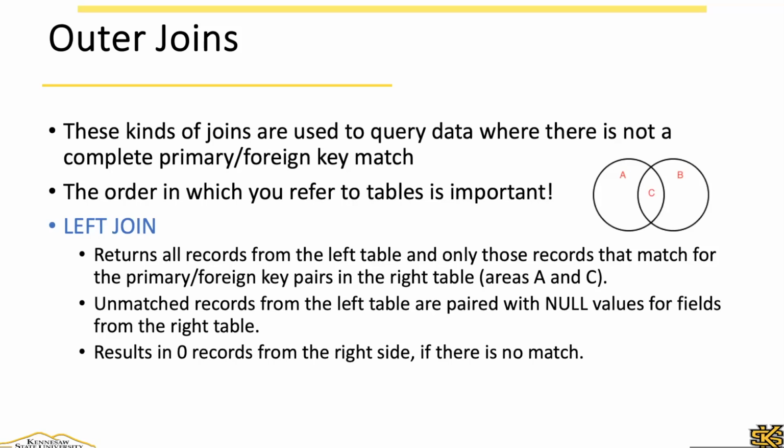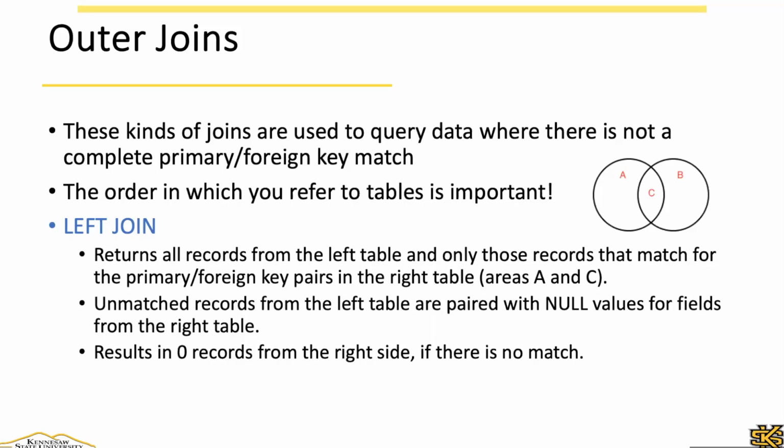If there are no matches for the left table's record in the right table, the result will still return all records from the left table, but with null values in place of the right table's fields. The other one, the right join. A right join works the opposite way.